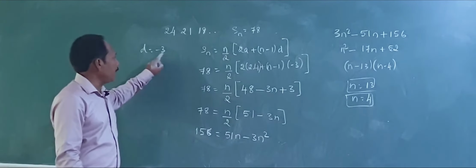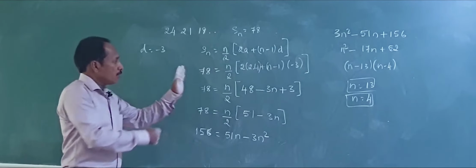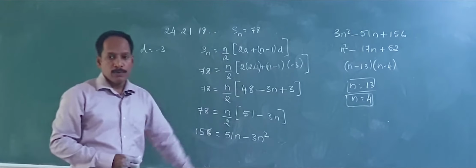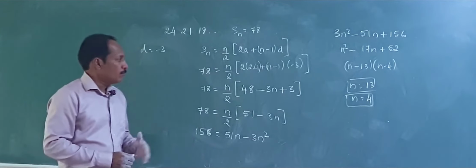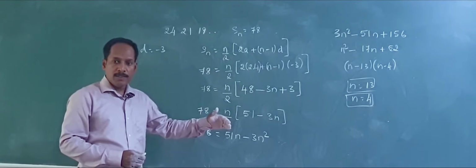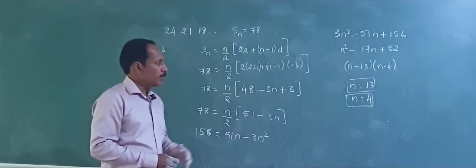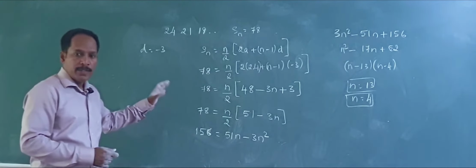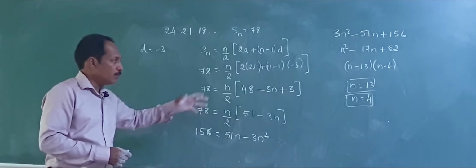Because the difference is negative and the terms go from positive to negative, so when you are adding, the sum remains the same. That is why we got two numbers: the fourth term gives 78 and the fifth term also gives 78, and it goes up to 13. When you reach 13 terms, you get 78 again. That's why we have two options.